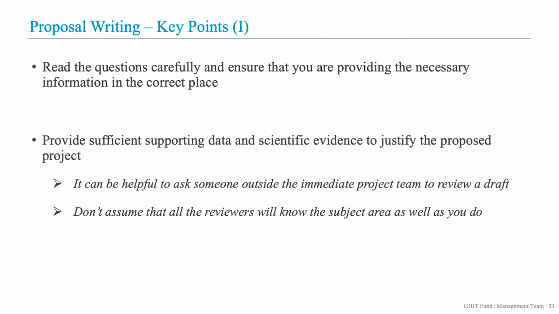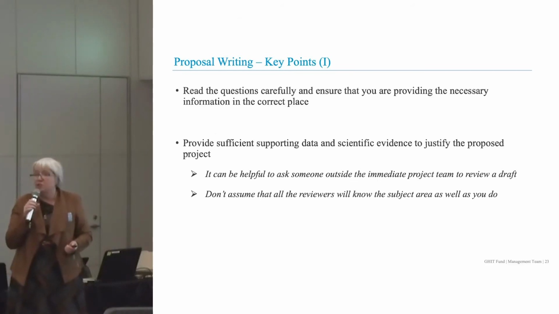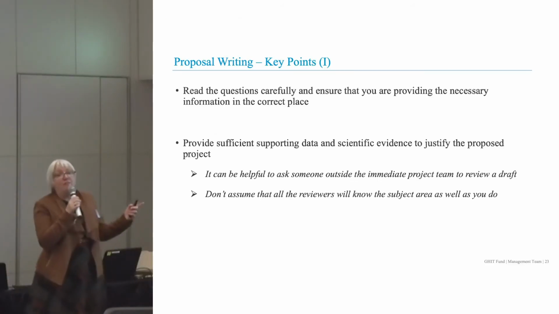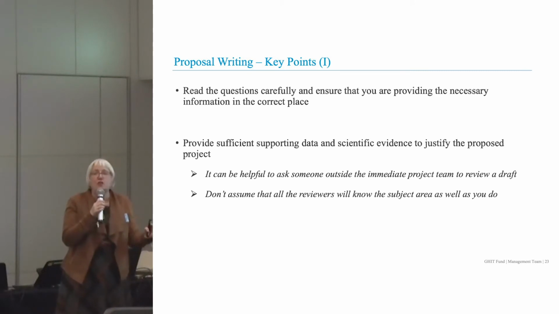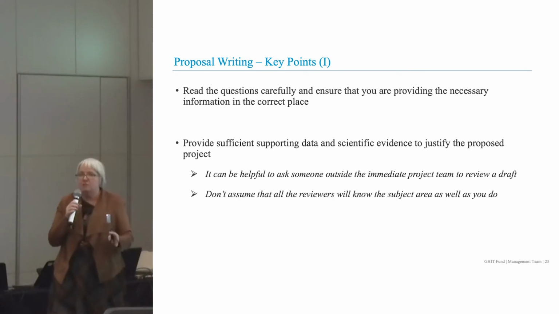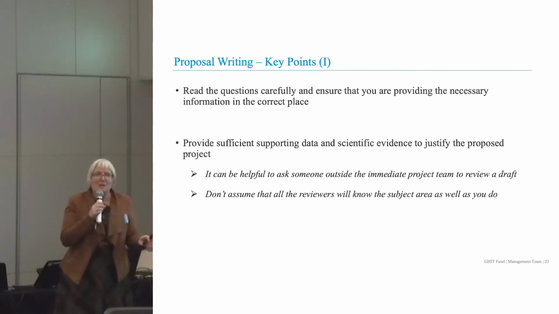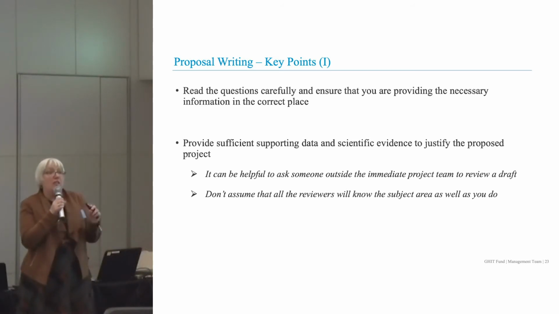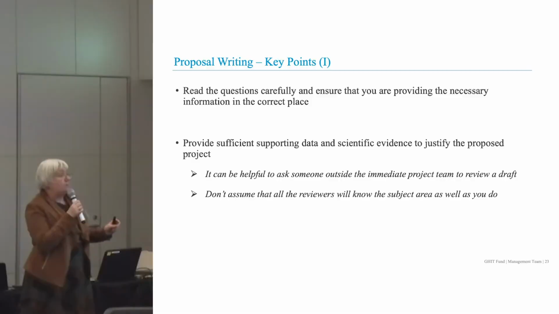Read the questions carefully and ensure that you're providing the necessary information in the correct place. As I said, I had 25 applications to review, and this is on top of my day job, and I will have a limited time in which to do them. I don't want to have to be going through the application to find information that's in the wrong place. So really make sure that you're putting the information where it needs to be.